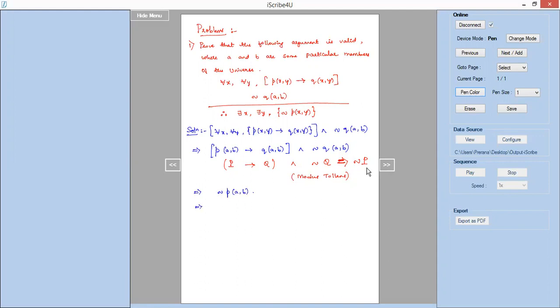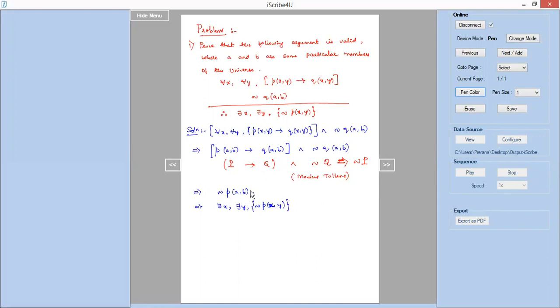This can in turn be written as: for some x, for some y, negation p(x, y). We had the premises for every a, b, being satisfied for every x, y. But when it comes to the resultant, it is applicable for some elements x and y.